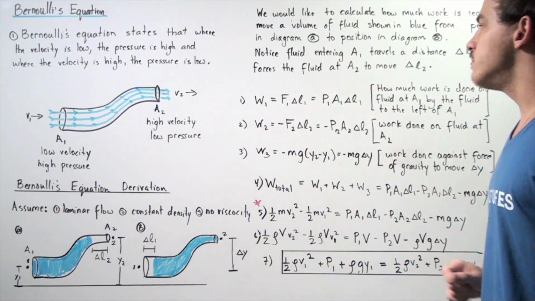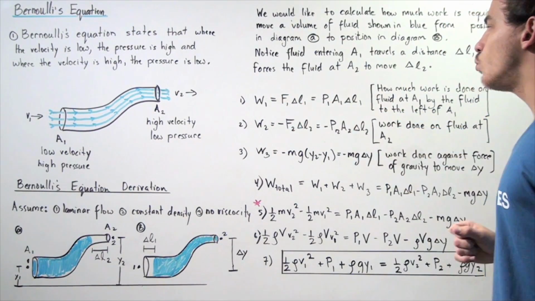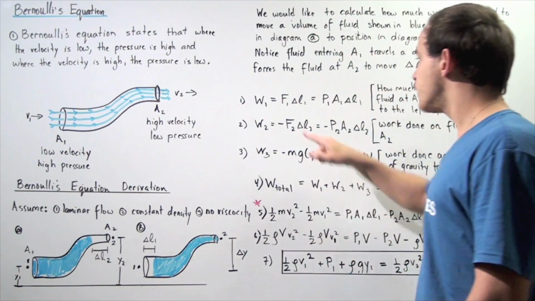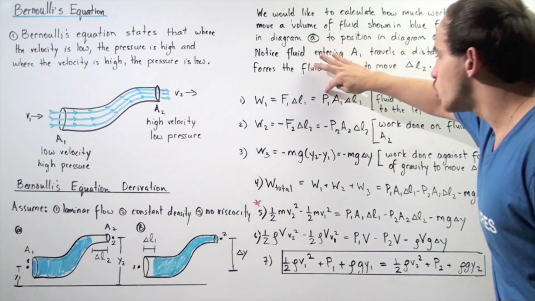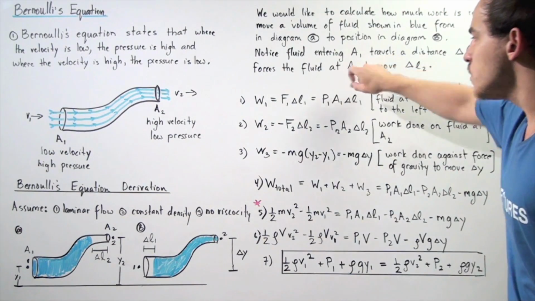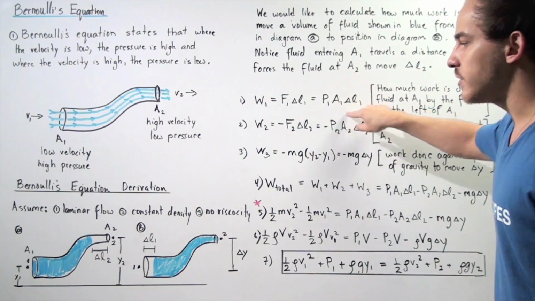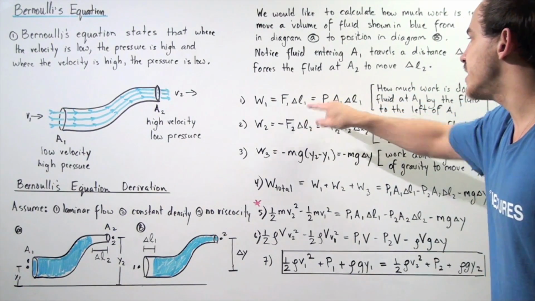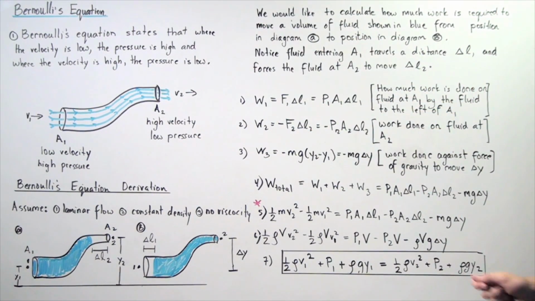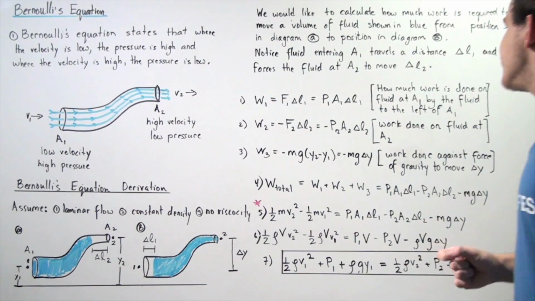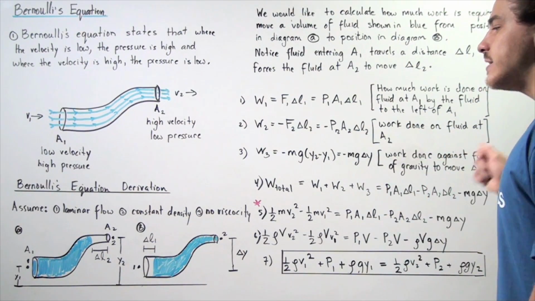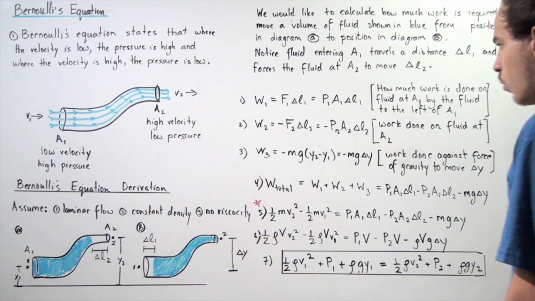So force 1 multiplied by change in L1. And force is simply pressure times area. So force 1 is equal to pressure at point 1 multiplied by cross-sectional area at point 1 multiplied by displacement change in L1. So once again, this quantity is how much work is done on the fluid at point 1 by the fluid to the left of point 1.